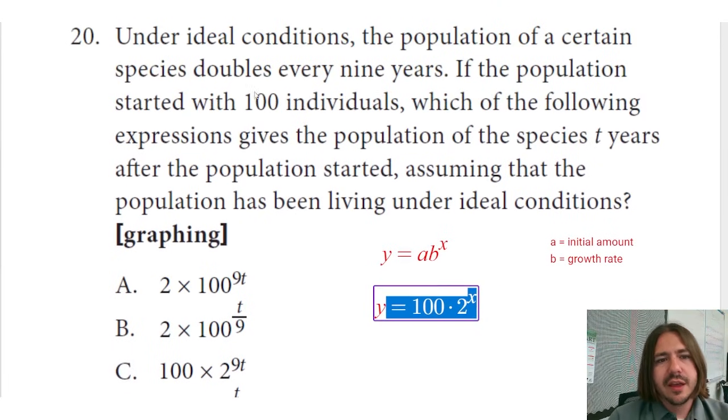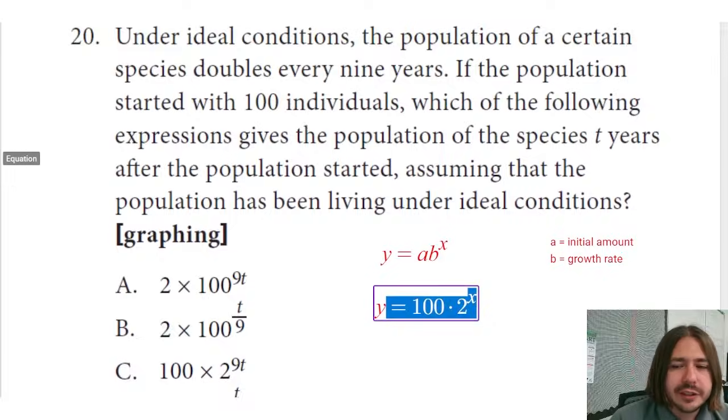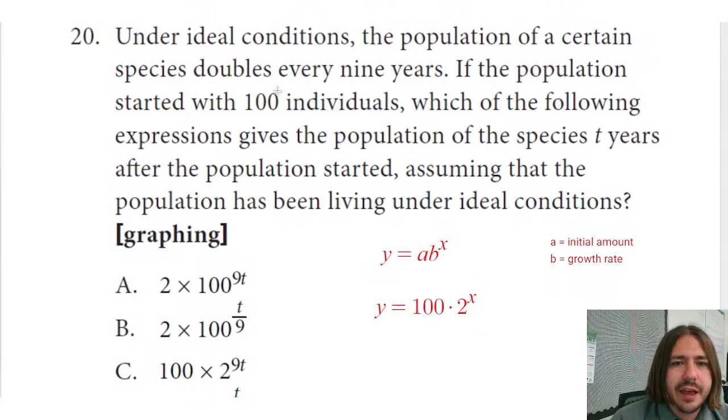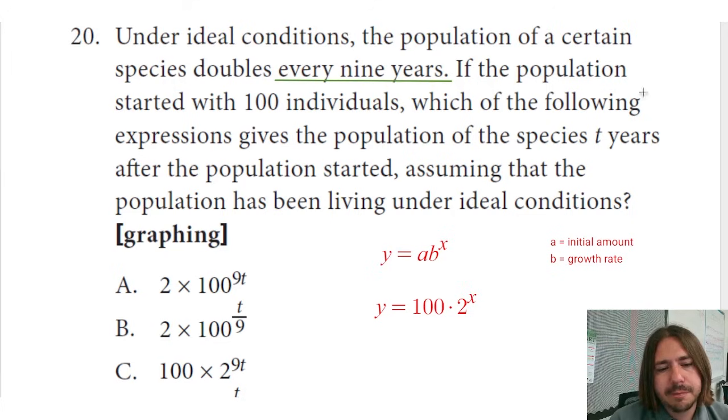It's actually not doubling every year. It's doubling every 9 years. This is kind of the catch here. So in order for it to double every 9 years, we need to divide this x by 9, so that we basically are going to do 1/9 of the doubling each year.